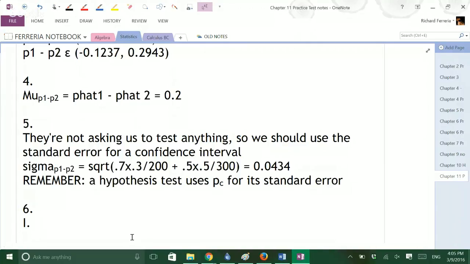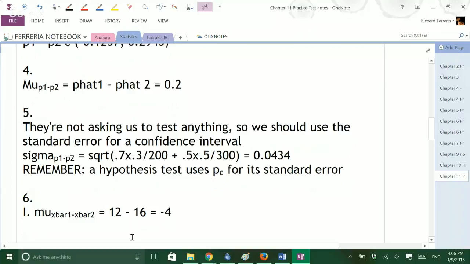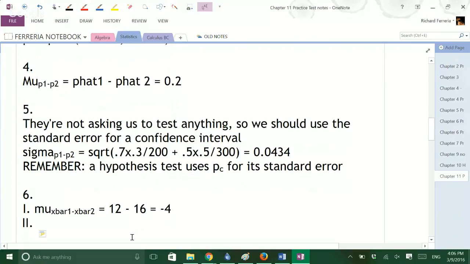So 1, the center of the sampling distribution. Oh wait, I'm sorry, this is x bar 1 minus x bar 2. That's going to be equal to 12 minus 16, right? It's negative 4.